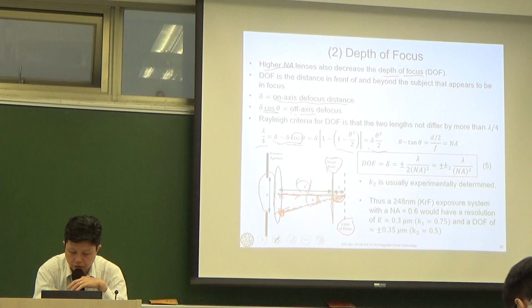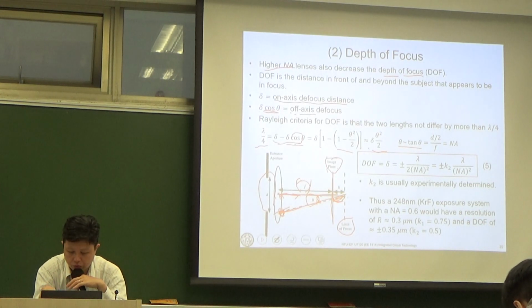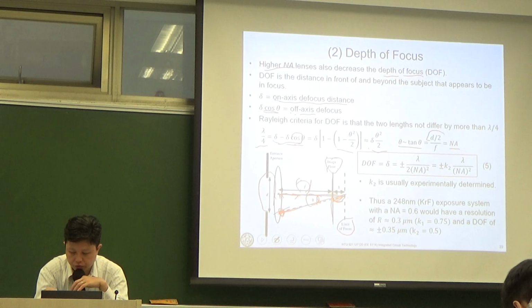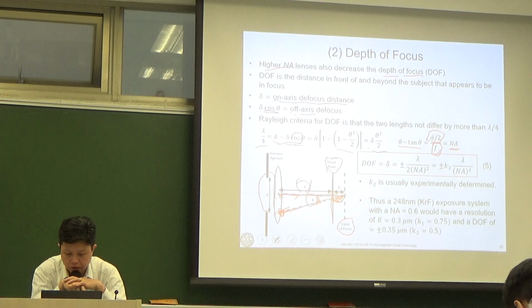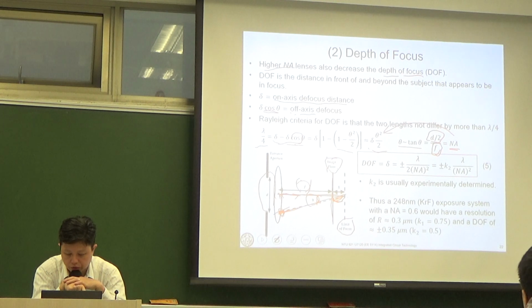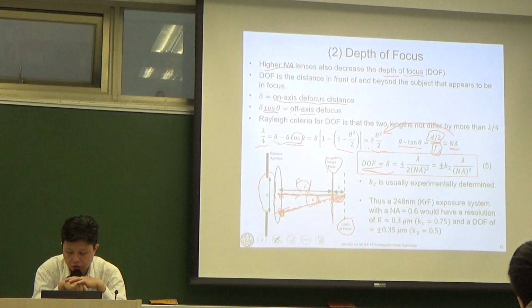Theta is close to tangent theta, which is close to sine theta, that's the numerical aperture, and we can use d over 2 divided by f to represent it. Plugging this into theta squared, we get the DOF, depth of focus delta, equals lambda over 2 times NA squared.